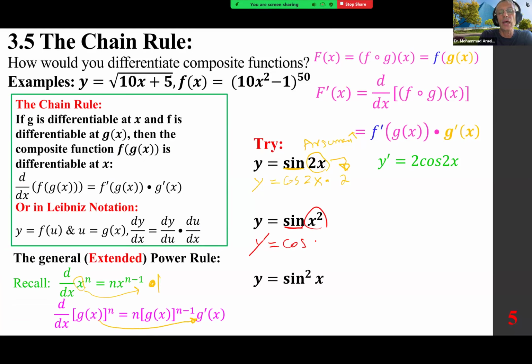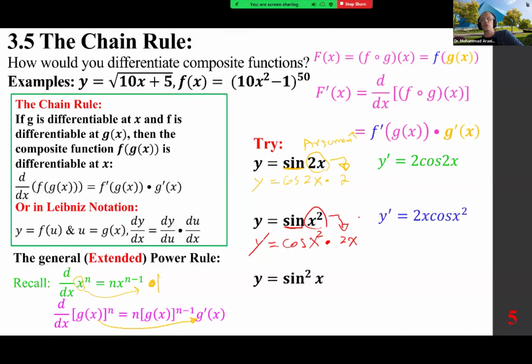You need an argument, you write it. By the chain rule, you need the derivative of the argument with respect to x, and you're done. We put the 2x in front: 2x cosine x squared.